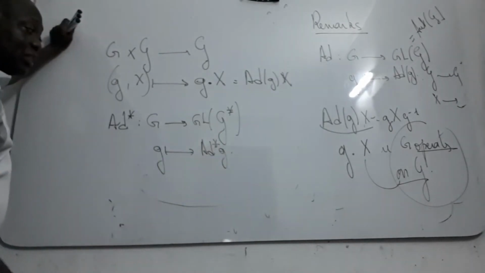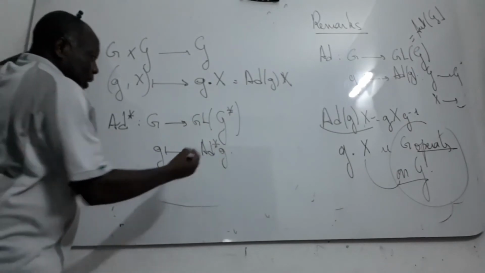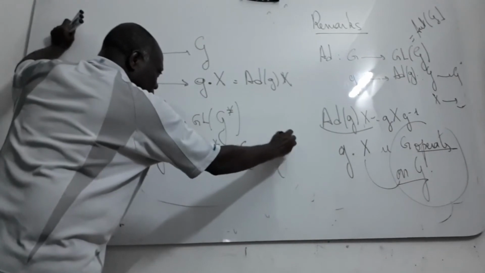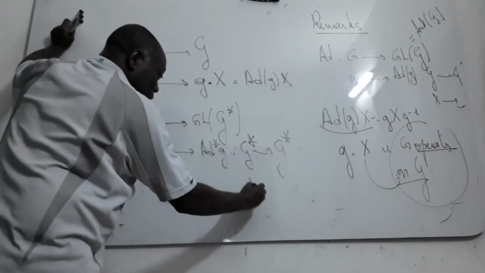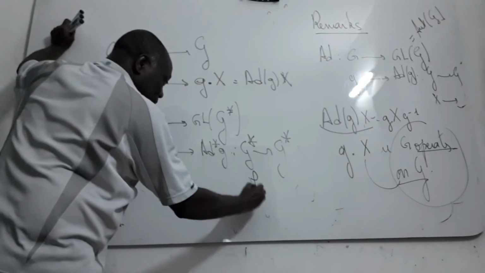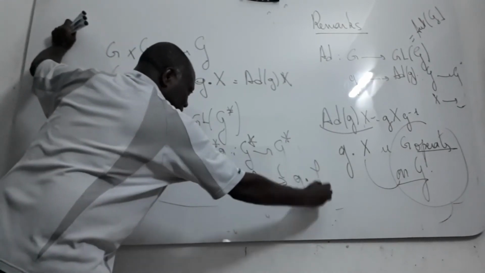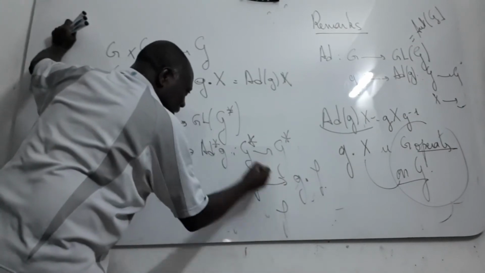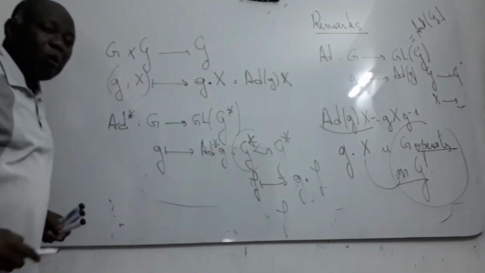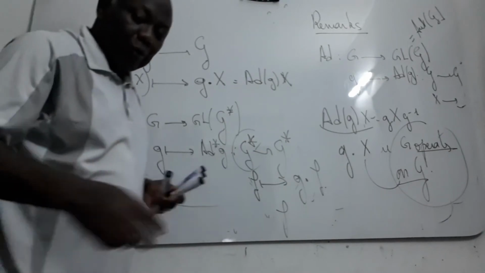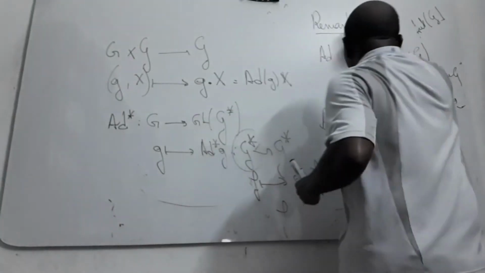For all F, you have the action on F, where F is an element of the dual, a linear form on this one. So it's also an action for the group.